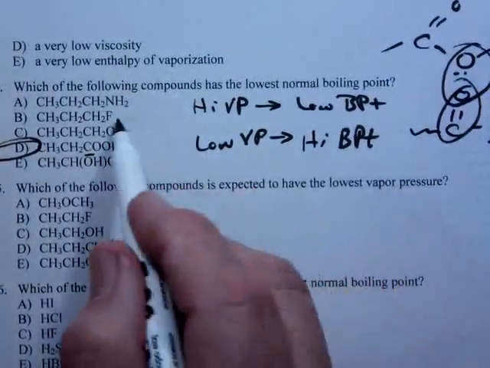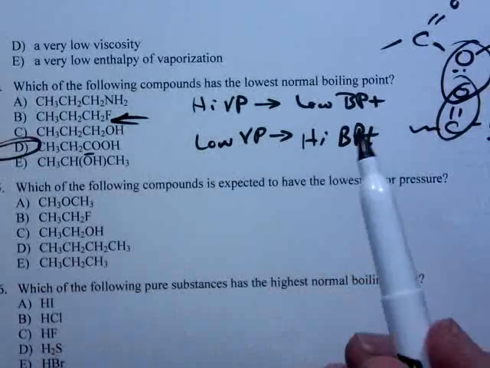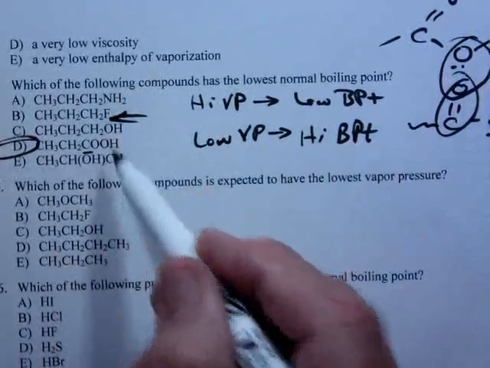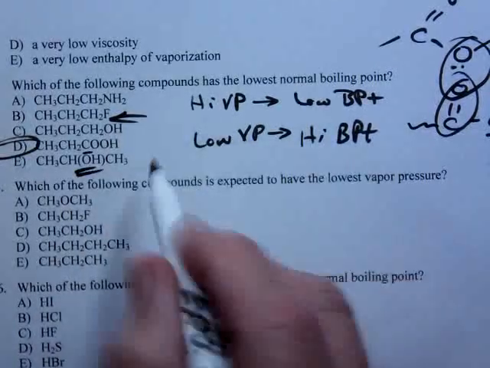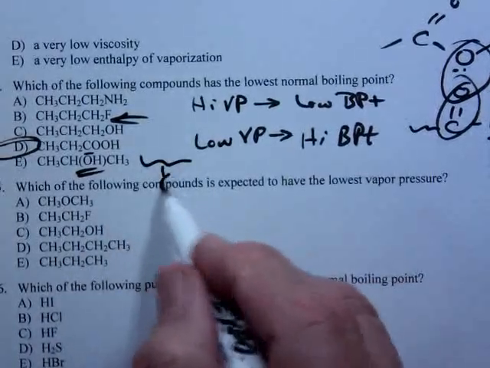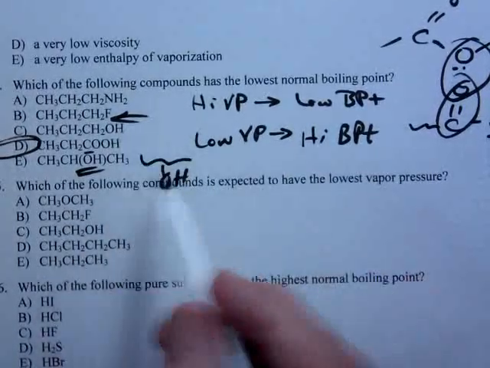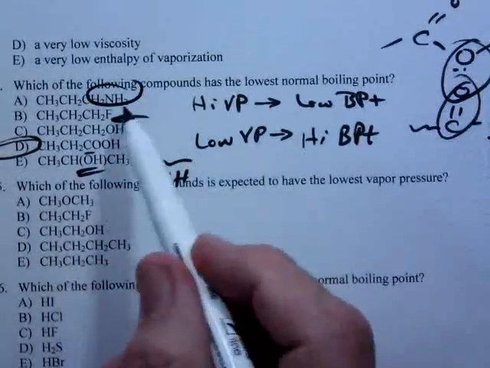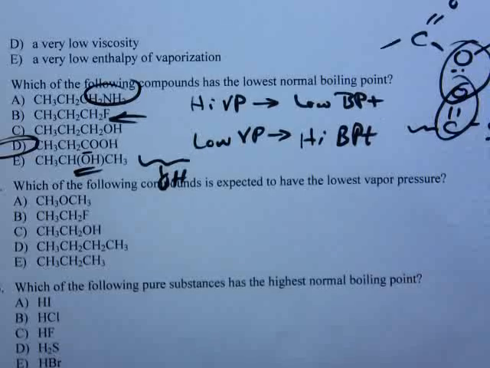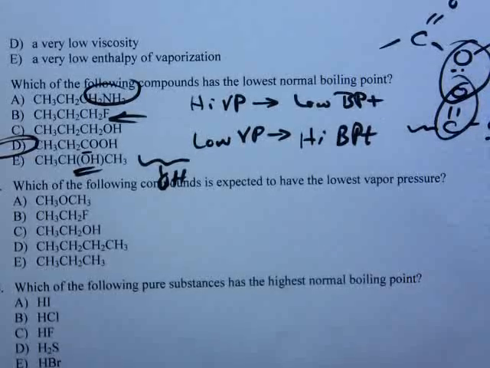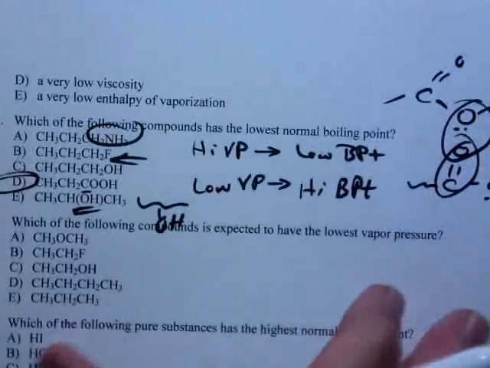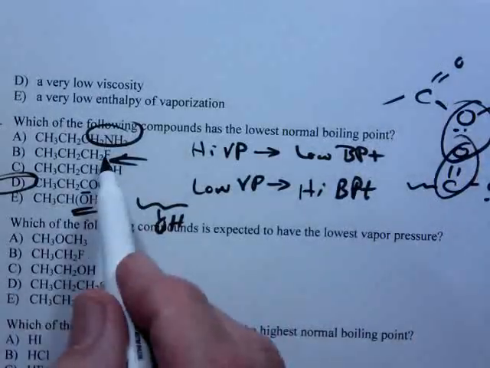I would say this one, in looking at hydrogen bonding, all of these, this one has an OH group in there. That's a group that has an OH side group on it. Anything that has an OH group in it, or an ammonia group in it, would have hydrogen bonding, which bumps the boiling point way up. The only one in here that doesn't have hydrogen bonding is this one with the fluoride on the end.